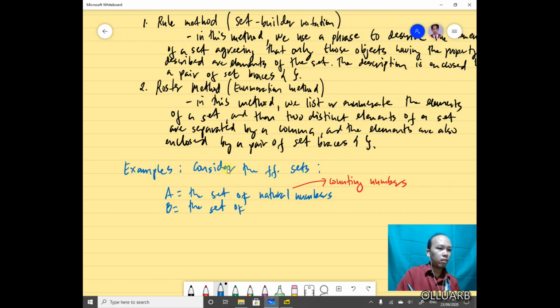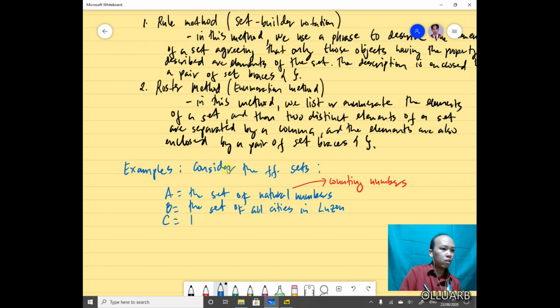the set of all cities in Luzon. Say that one.